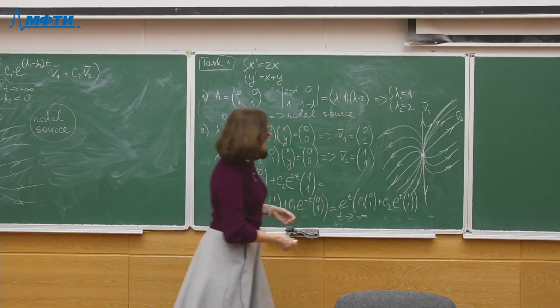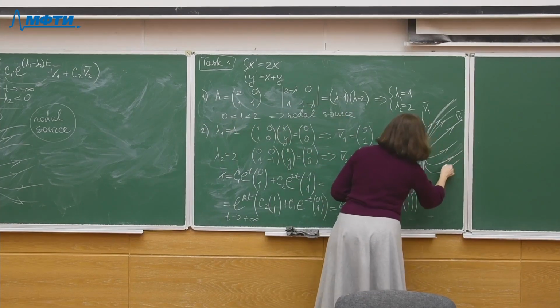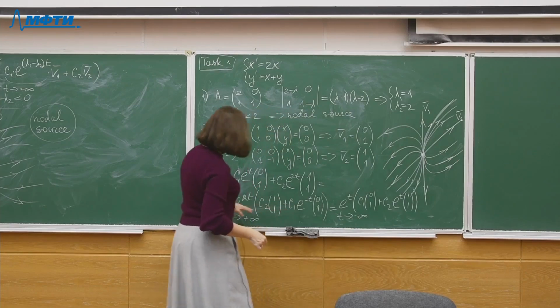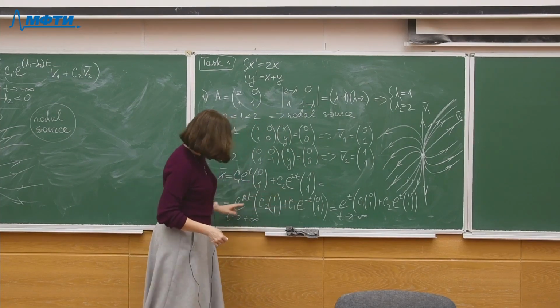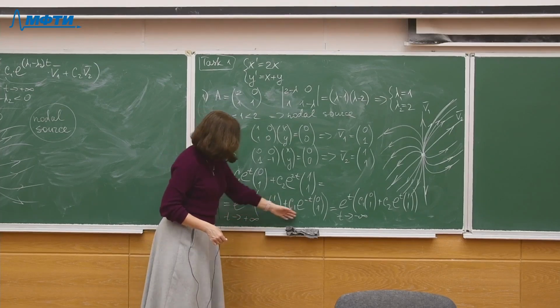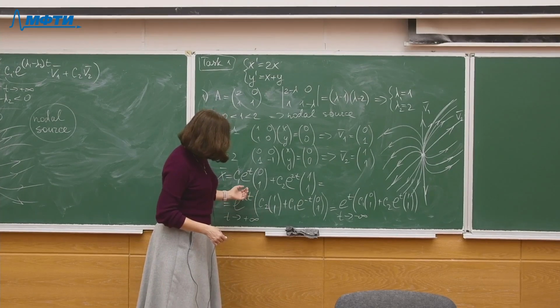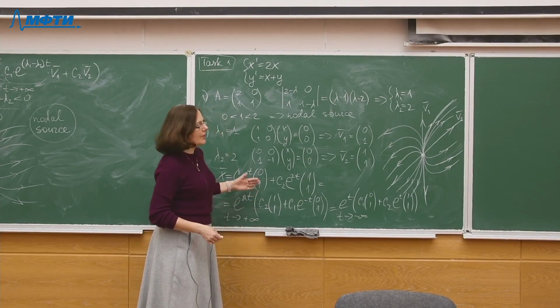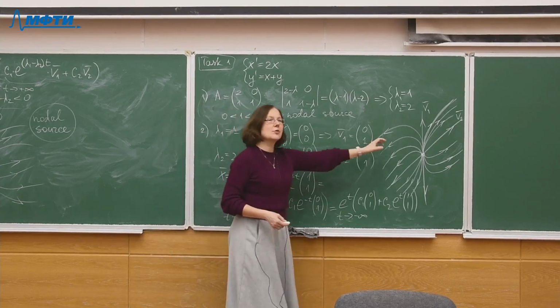And t approaches negative infinity, even for t approaches 0, right? Because first I started with this, but this will not give us the structure of the phase diagram near the origin, because we need to know the behavior near the origin.